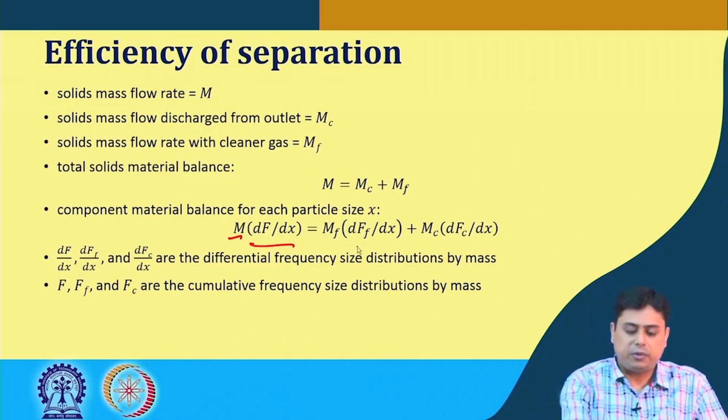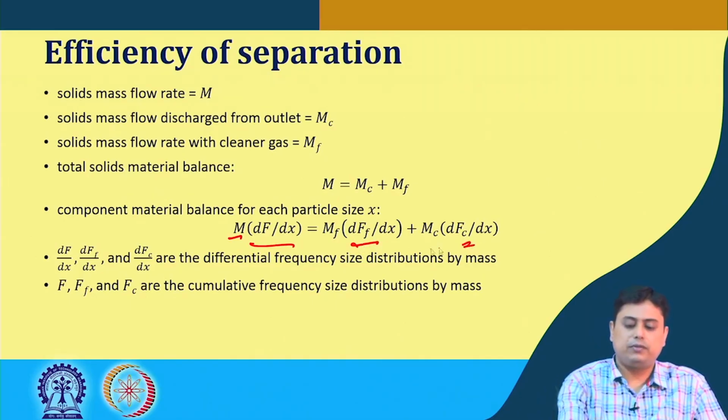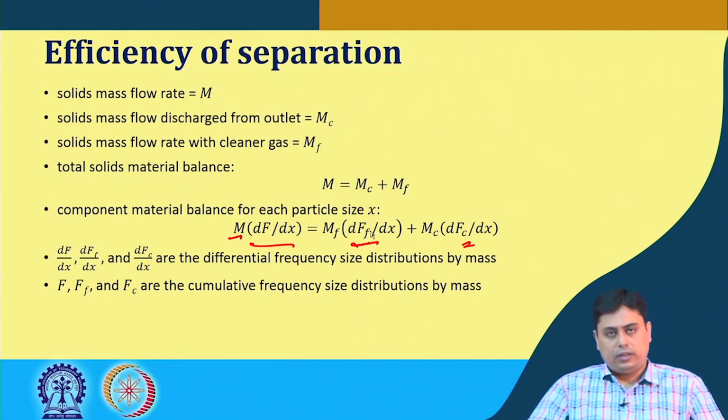Similarly, this expression with the subscripts is written for the respective outlets, that is the fine particle outlet and the coarser particle outlet. And if we consider only F, that becomes the cumulative frequency size distribution by mass.